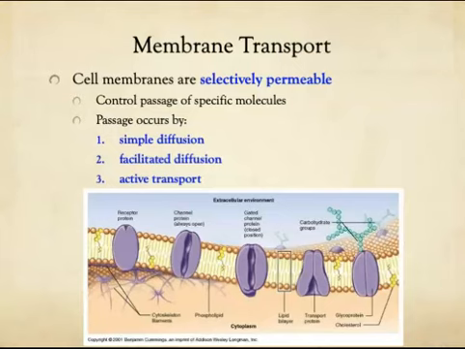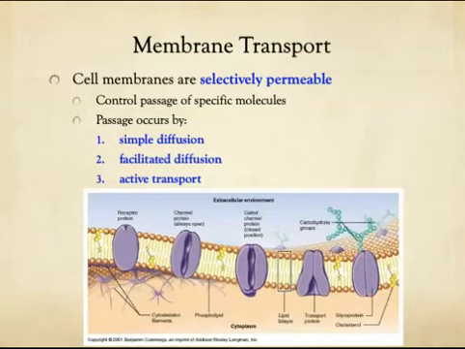Membranes are selectively permeable. Depending on the membrane, depending on whether it's a plasma membrane or an organelle membrane, and depending on the type of cell, permeability is going to vary.